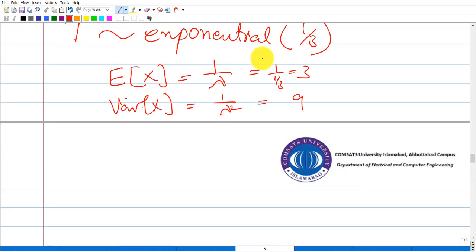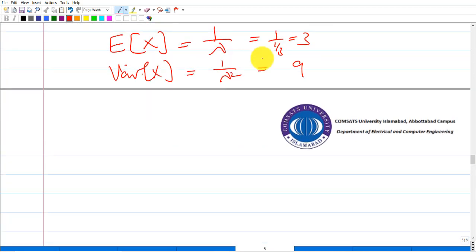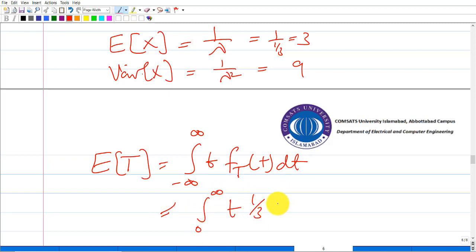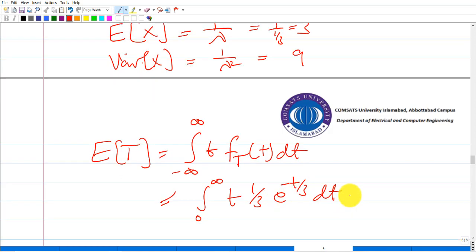So we can use the relation to find out this expected value. We can do that also from minus infinity to infinity of t f_T(t) dt. That would be from 0 to infinity of t times 1 over 3 e raised to power minus t by 3 dt.